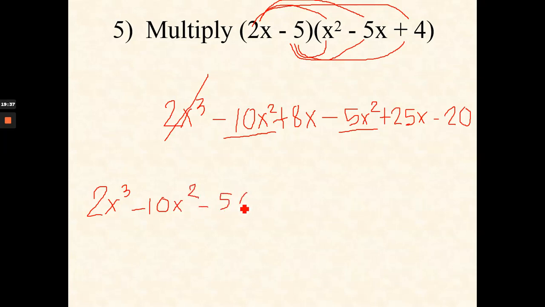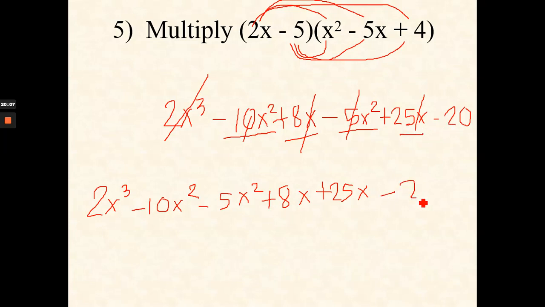The next one, we have positive 8x and then positive 25x. I am doing this way so that I know what terms are taken out already. And then the last one is negative 20. Okay? So no more terms.